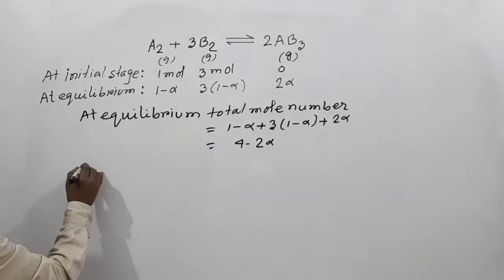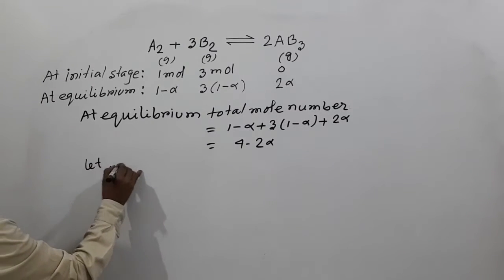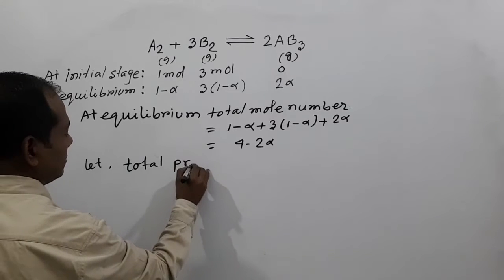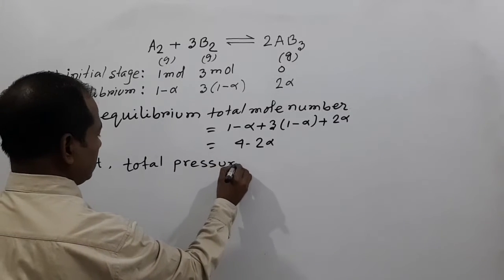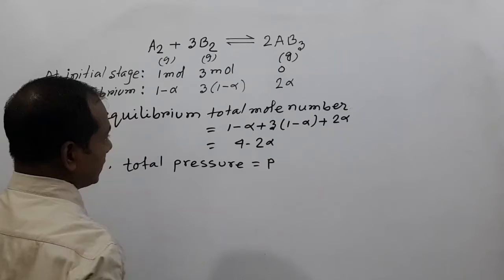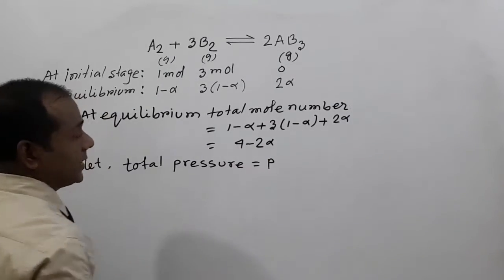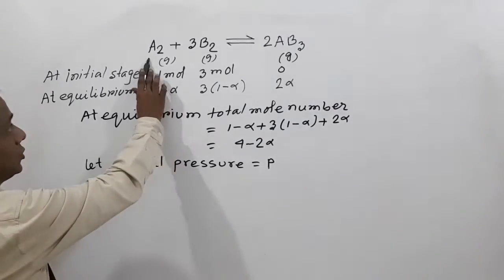And now let total pressure equal P. So, my dear students, now we can calculate the partial pressures of A2, B2 and AB3.